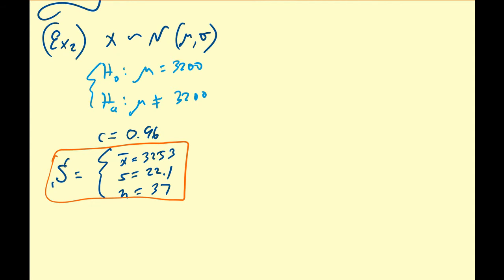Alright, so under these characteristics, if n is equal to 37, then the degrees of freedom is equal to 36. Now, why do I bring up the degrees of freedom? Well, the first thing is sigma is unknown. Now, you may argue that n is significantly large, but usually when either sigma is unknown or n is small, we're going to use a t distribution to do probabilities associated with confidence intervals.